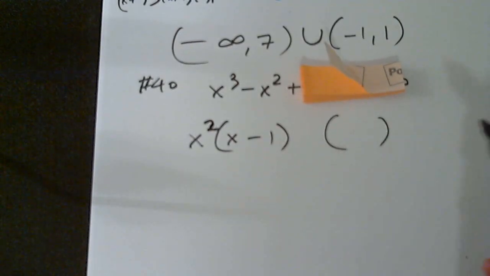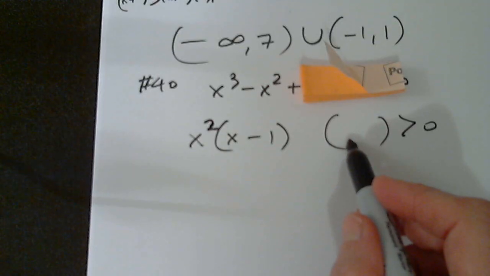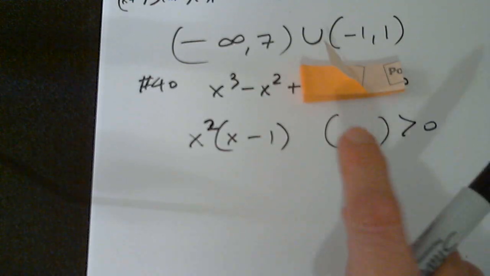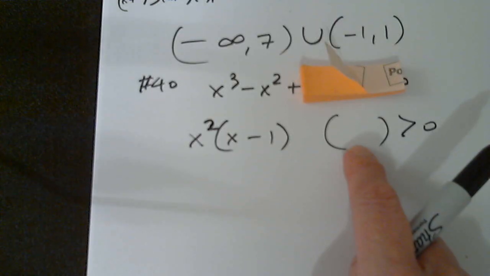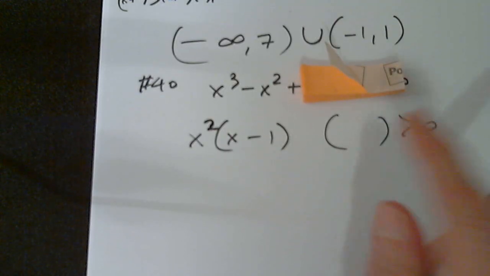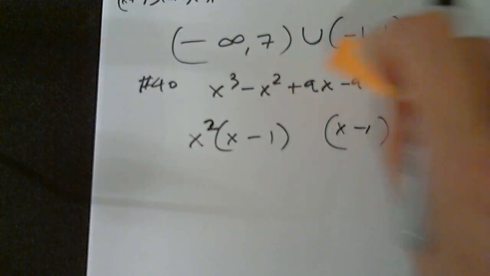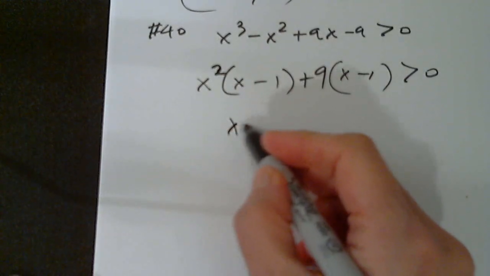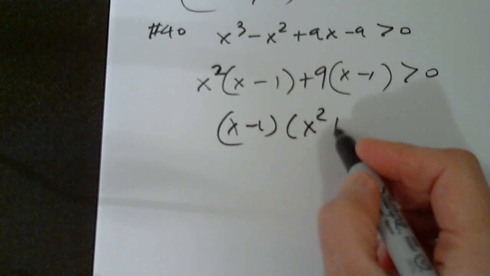Good. It's also x minus 1. Yes. And we pull out the 9. Yes. And positive 9. Very good. So I factor out x minus 1, and I have x squared plus 9.